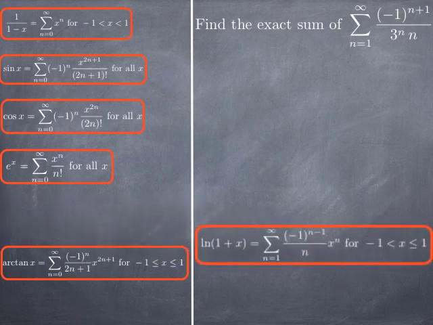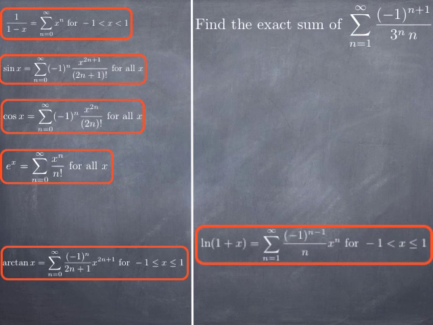That is a power series representation where we have an n at the bottom. And so we can try to match this formula, and for that we need an nth power of an x, and we have this (-1)^(n-1).